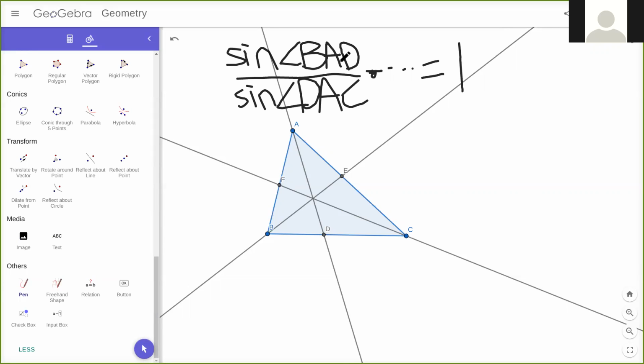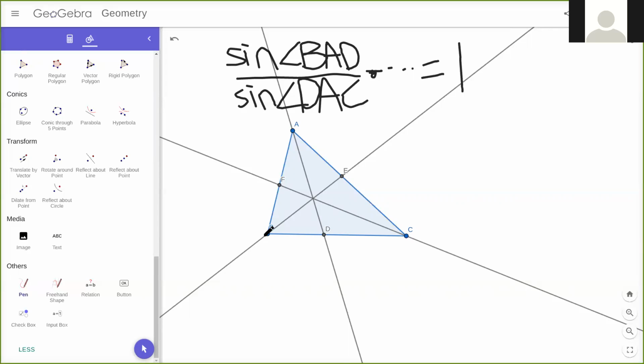Well, so what is this ratio actually? Sine angle BAD over sine of angle DAC. Any guesses? So how did we define D? We define D so that AD is an angle bisector.